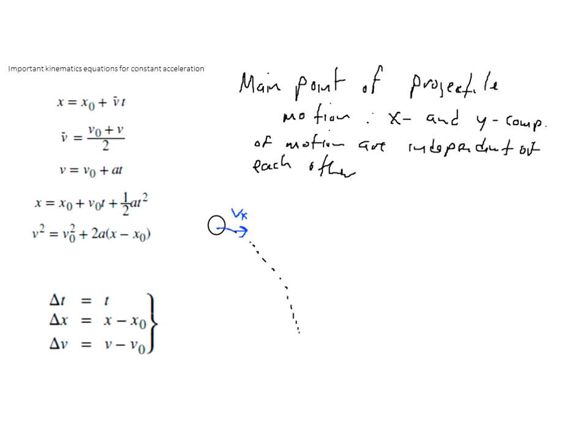And if I throw it straight out like this, its initial velocity in the y direction is 0 because I'm not throwing it up, I'm not throwing it down, even at an angle, I'm throwing it straight out.